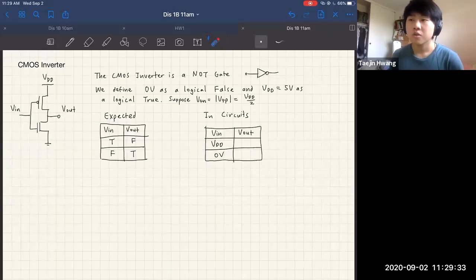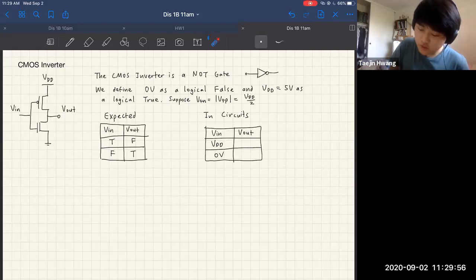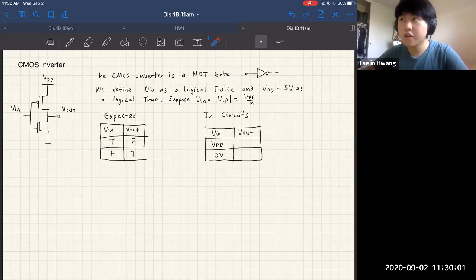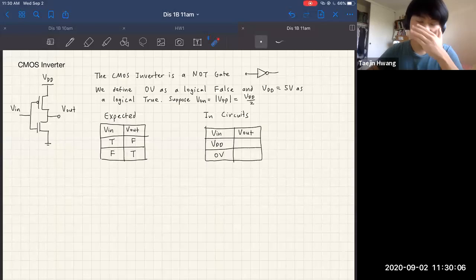Circuit designers, back in the 80s, I think, defined 0 volts as a logical false and VDD, some arbitrary high value like 1 volt, as a logical true. In the past it was 5 volts, now it's 1 volt. So we're going to define 0 volts as false, VDD as true. And if you're ever curious what VDD stands for, it's drain, drain.